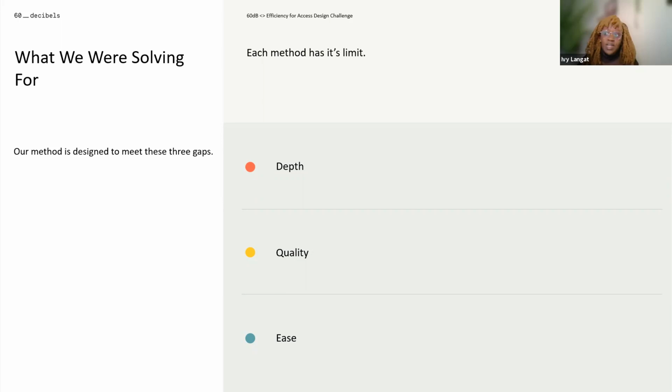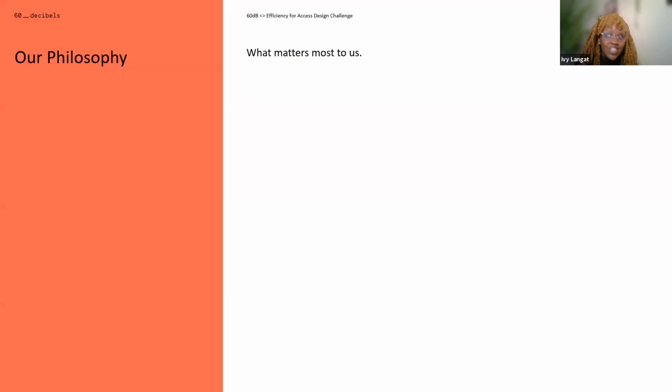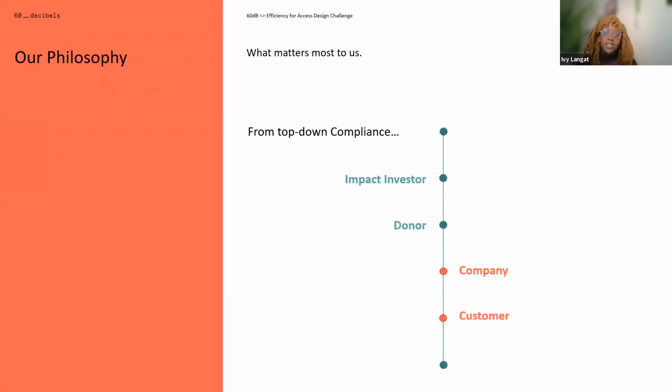So our philosophy as 60 decibels is that we wanted to change the way impact measurement works, moving from top-down compliance to bottom-up accountability. And what does this mean?